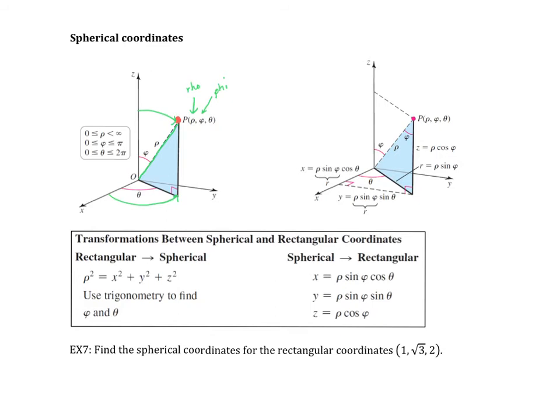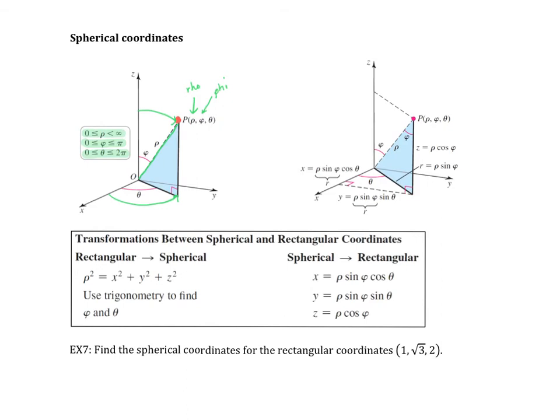Since it's coming from the positive z-axis, phi is only going to go from 0 to pi. We don't need it to be any larger than pi. Theta is going to be our usual 0 to 2 pi, all the way around in the xy plane. And rho is just some positive distance out from the center.